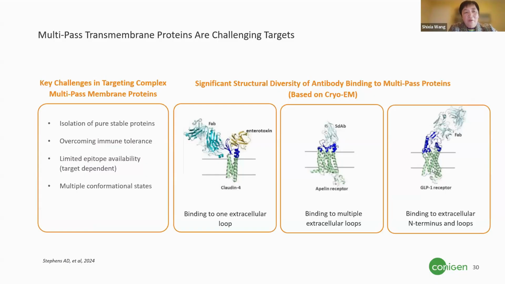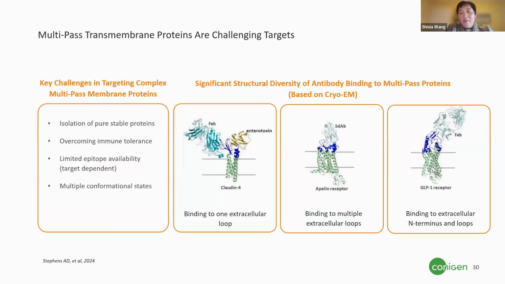However, it's very difficult to isolate pure, stable multi-transmembrane proteins. Also, because the extracellular domains are very small or complex, the immunogenicity is low. And also the conformation status is not very well studied.